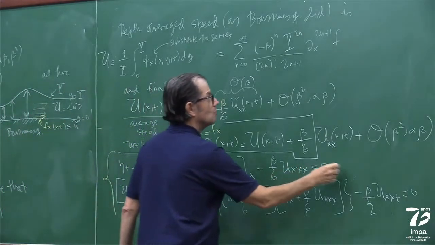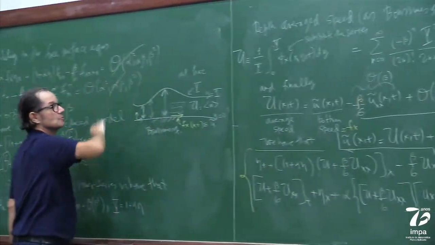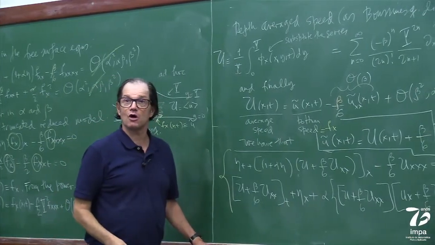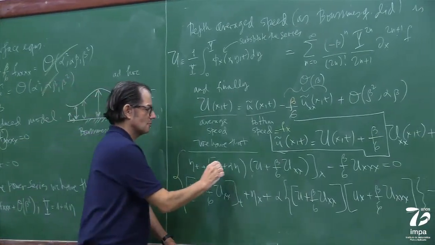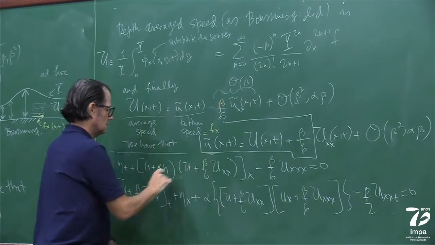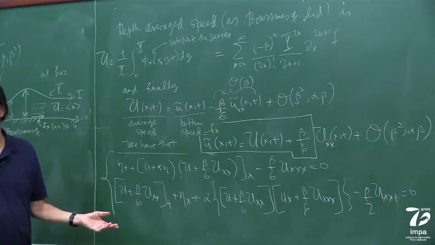Here I put 0 because I was already thinking that I've dropped these terms. But when I do this substitution, I have more terms to drop, which I don't care, which are this, look. Alpha. When this multiplies that, I don't care, it's going to go away.